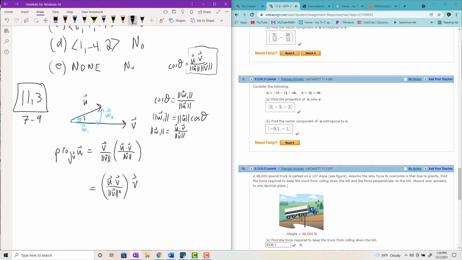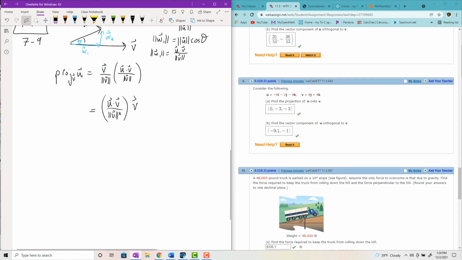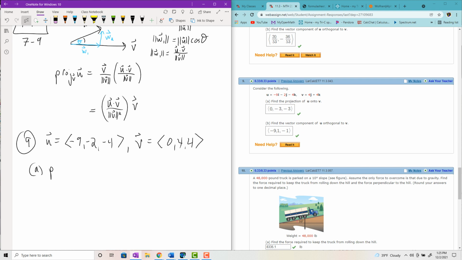Let's look at number 9. That's actually a space vector. We're given u as negative 9, negative 2, negative 4 in ijk, and then our v vector is 0, 4, 4. Part A, they want the projection of u onto v, so I'll call it W1.